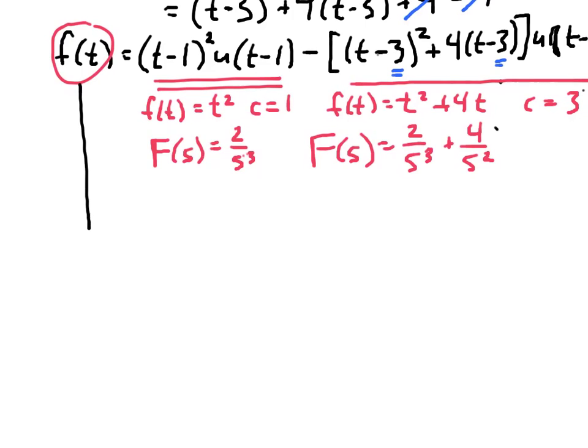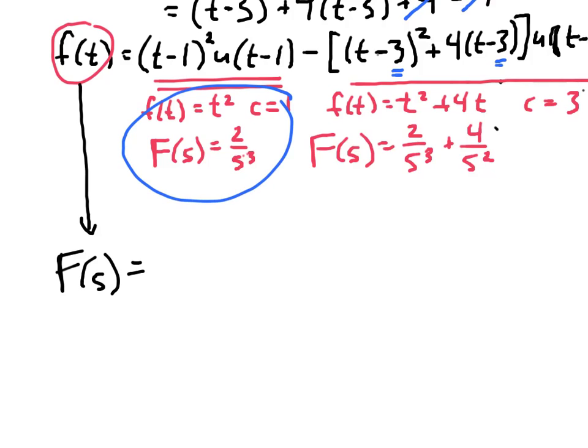So now capital F of s is what we get by putting this first piece together. Let me circle that in blue. So that information, applying the formula for the Laplace transform with a step function, gives us e to the minus 1s times 2 over s cubed.